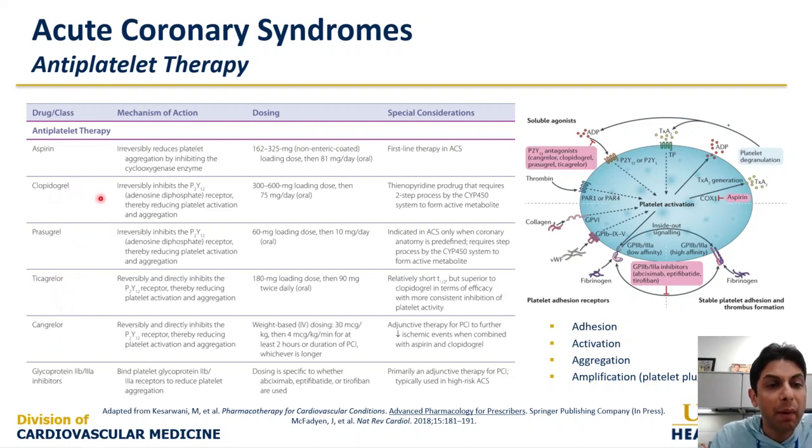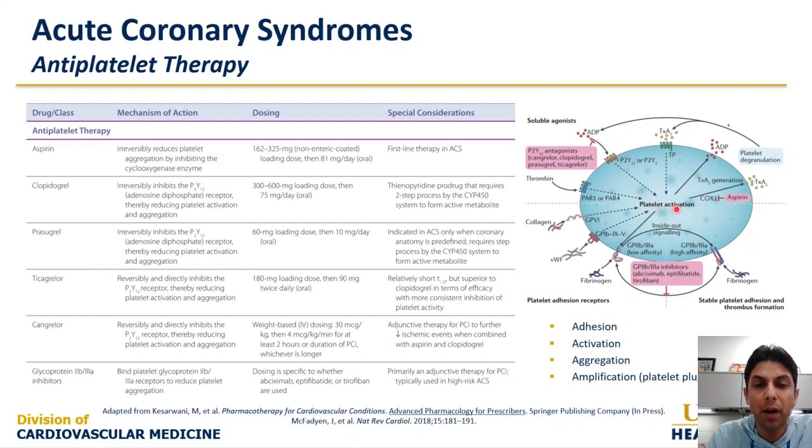Clopidogrel irreversibly inhibits the P2Y12 receptor. We talked in previous lectures about how clopidogrel undergoes a 2-step oxidation process. So clopidogrel, again, is inhibiting the P2Y12 receptor. So it's competing with ADP. And by inhibiting this receptor, it's going to inhibit platelet activation.